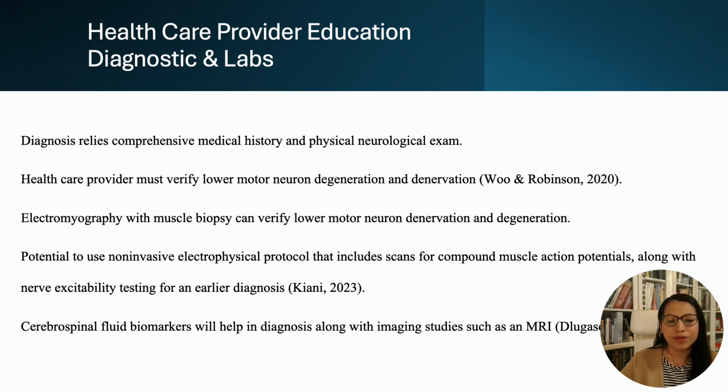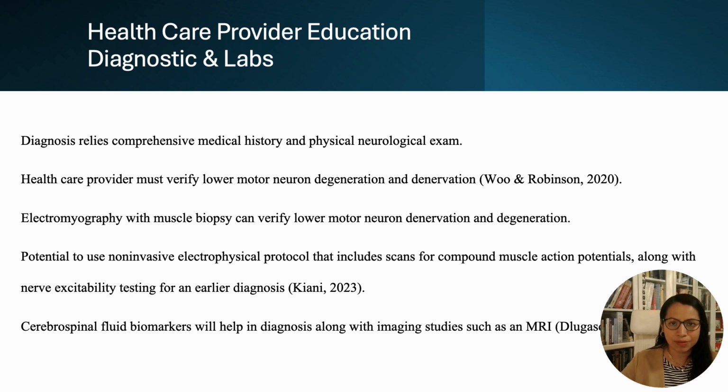They must verify the lower motor neuron degeneration and denervation, and that is done with an electromyography with a muscle biopsy, which can verify the lower motor neuron denervation and degeneration.